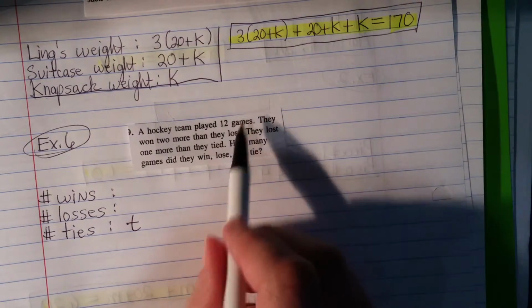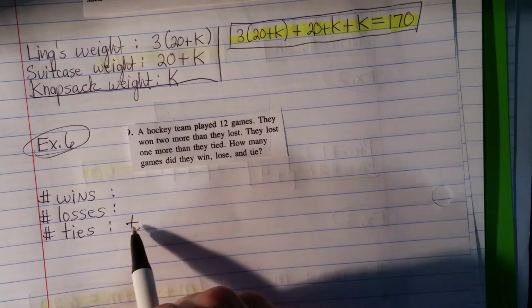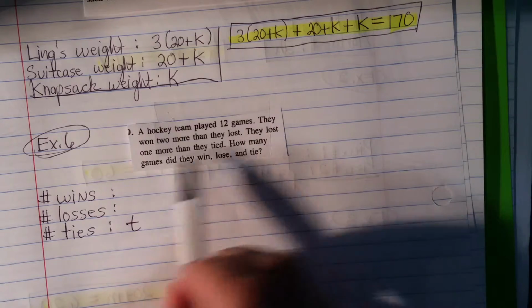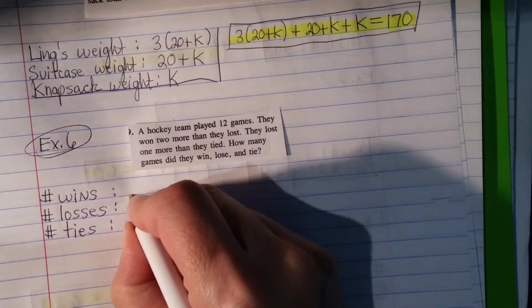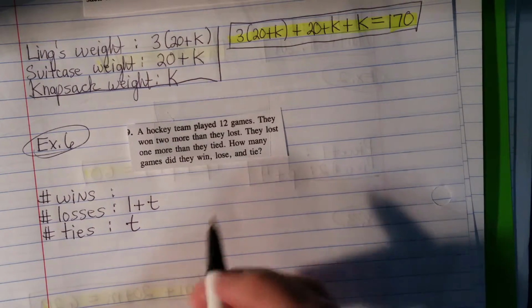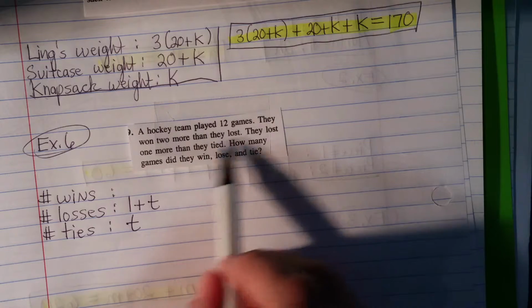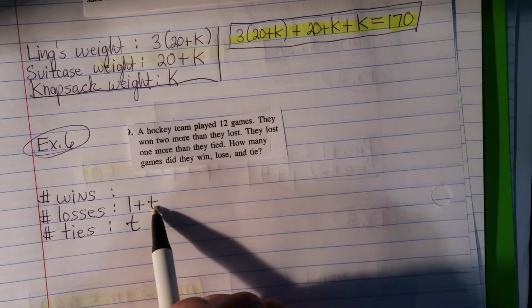Now, I'm going to work backwards so I can define these 3 with just T's. So they lost 1 more than they tied. My losses has to be 1 greater than the ties. And now the number of wins is 2 more than they lost.